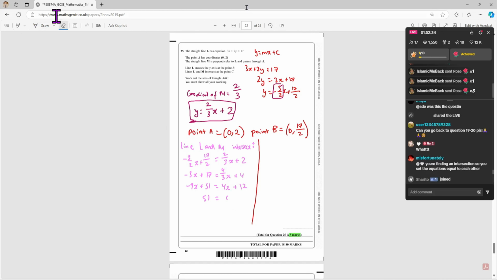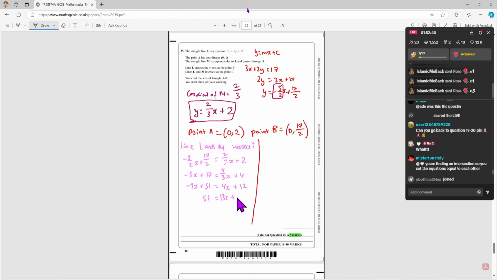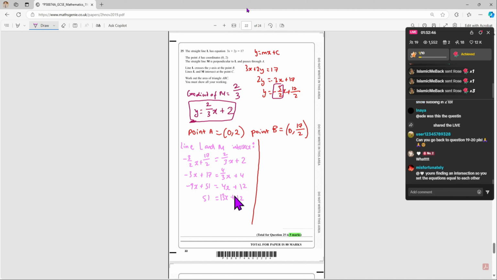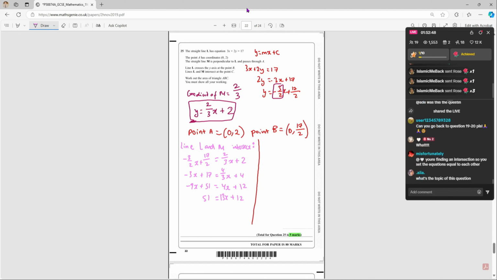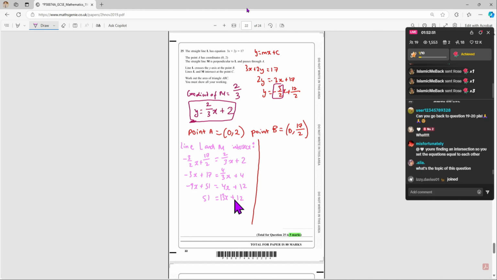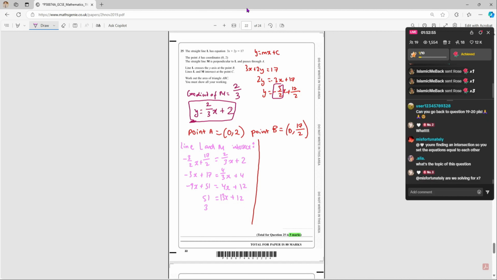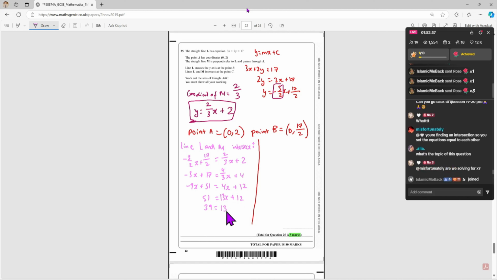So 4 plus 9 is going to be 13x plus 12. And lastly, you minus 12 to get 39 is equal to 13x. So now we know that x is equal to 3.